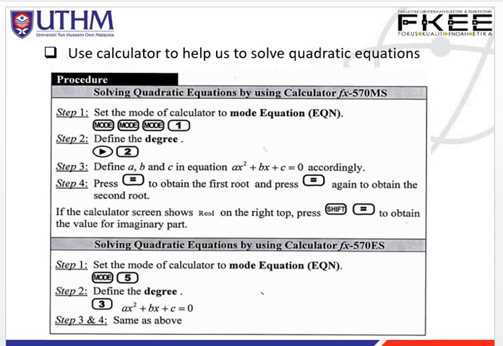If you have the calculator FX570MS, you can use this procedure. And if you have the calculator fx 570 ES, you can use this other procedure. For the fx 570 MS, first of all, you need to set the mode of the calculator to mode equation.